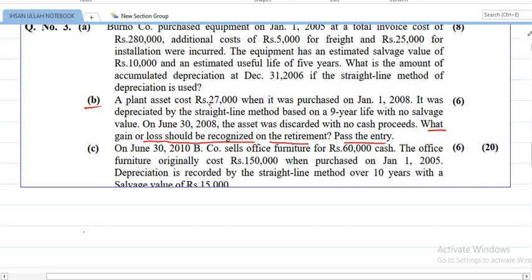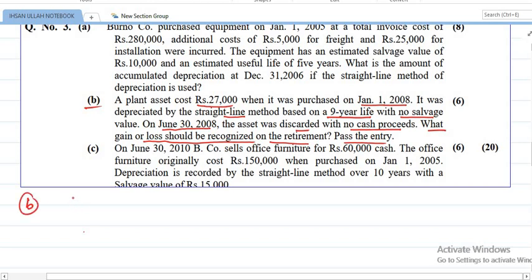A plant asset costing 27,000 was purchased on 1st Jan 2008. It was depreciated by the straight line method, 9 years useful life, no salvage value. On June 30th 2008, the asset was discarded and no cash was received. This is the question.